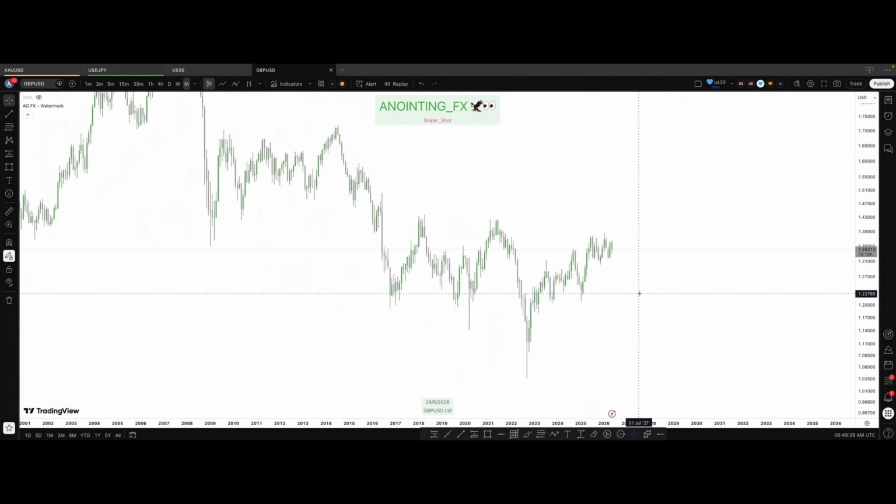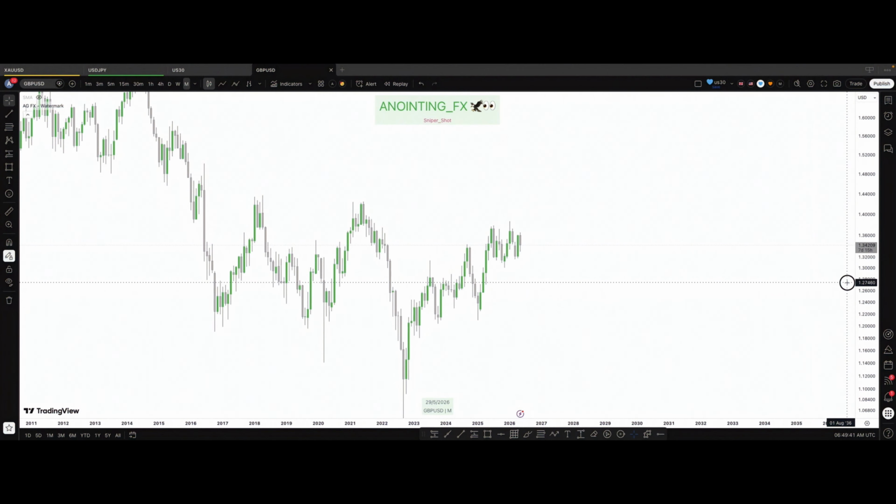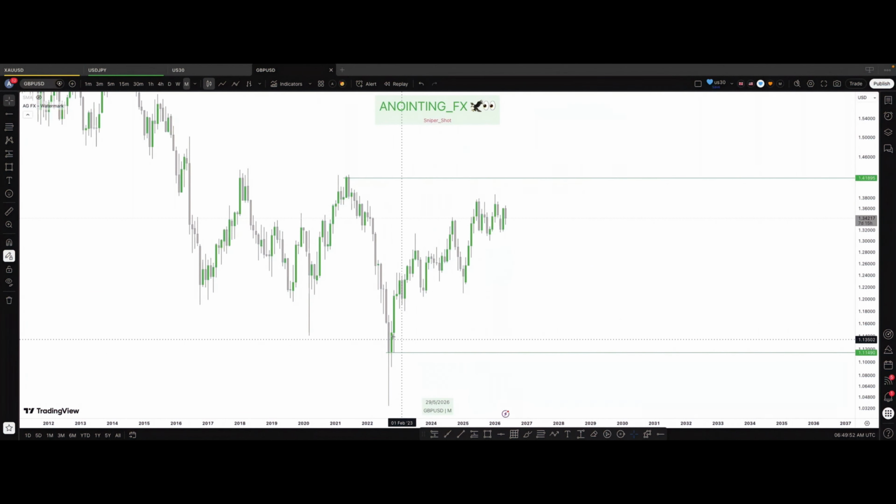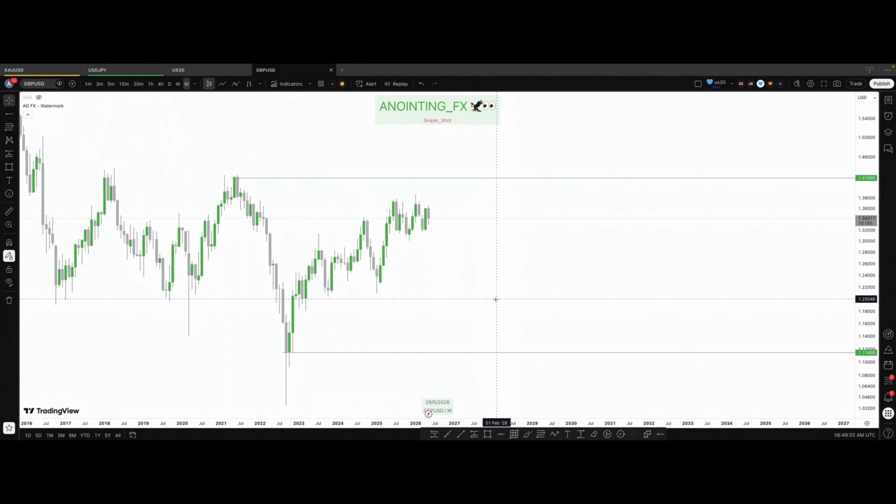You can mark out your major key levels, like major turning points. You can mark this level as your major support and resistance turning point, and then price is either to go to the upside to this level, or price has to come to this level.